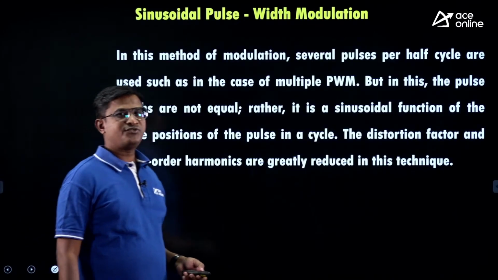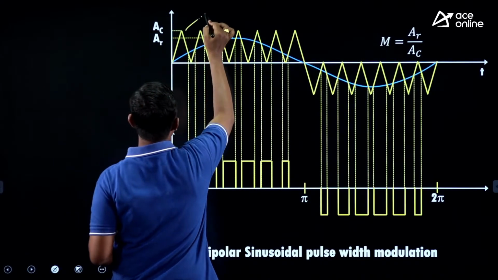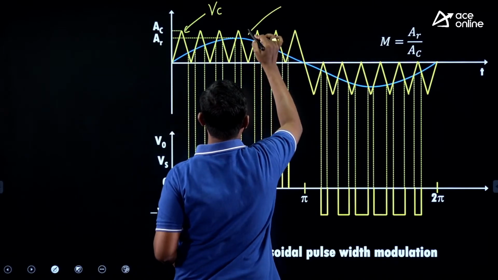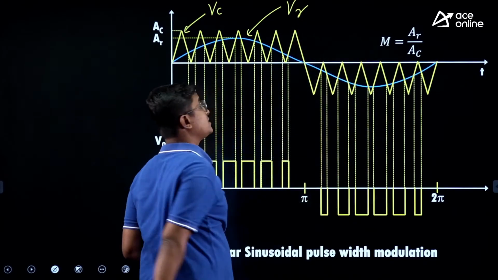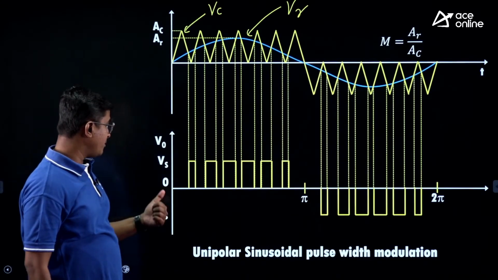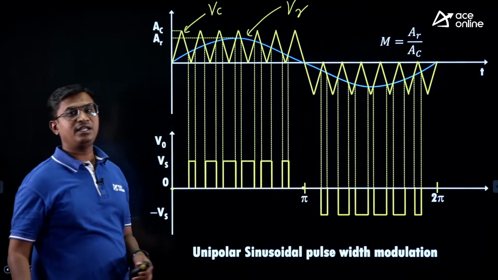Next, sinusoidal pulse width modulation technique. In sinusoidal PWM, the carrier signal is triangular, but the reference signal is sinusoidal. So here we are getting multiple number of pulses corresponding to each half cycle in the inverter output.